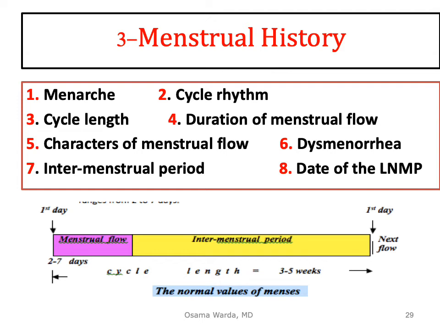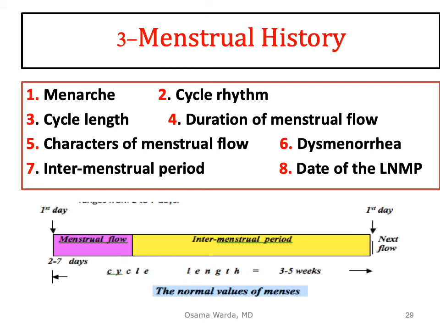The cycle length, which is the duration from the first day of the menses to the first day of the next menses. The normal cycle length ranges from 3 to 5 weeks. Then duration of menstrual flow, the period of shedding menstrual blood, which normally ranges from 2 days to 8 days. Then the character of menstrual flow according to the amount, the color, and the odor.